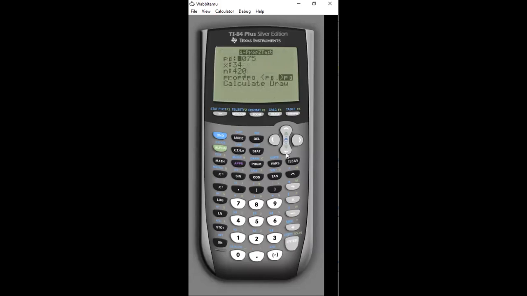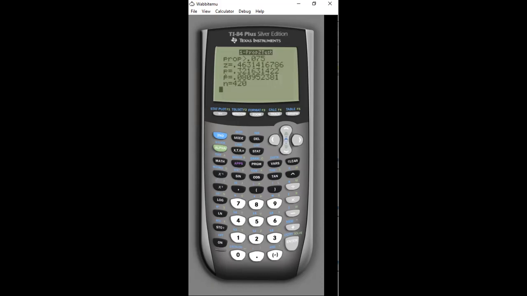So what is the population proportion? 7.5%, 0.075. How many samples do I have? 400. How many have abnormality? 34, right? So we want to see: is this increasing? So it's greater than P0. Now let's take a look. What do we have?